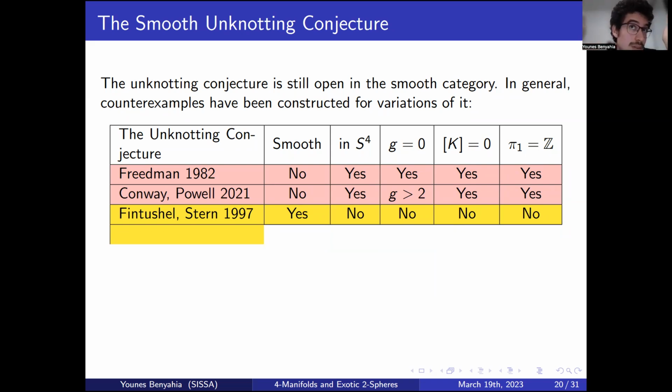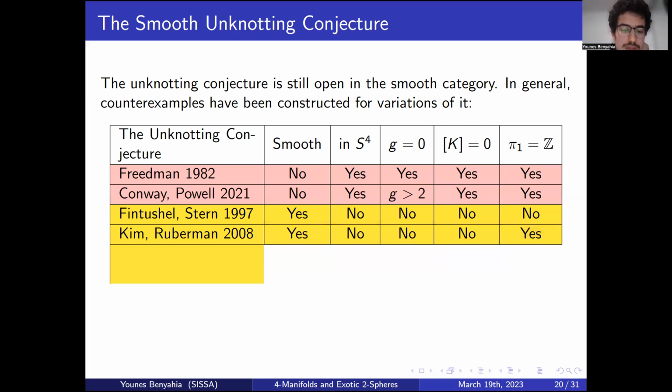So these surfaces are topologically equivalent but smoothly not equivalent. There will be a homeomorphism that sends one to the other, but there will not be a diffeomorphism that sends one to the other. And such surfaces are called exotic surfaces.